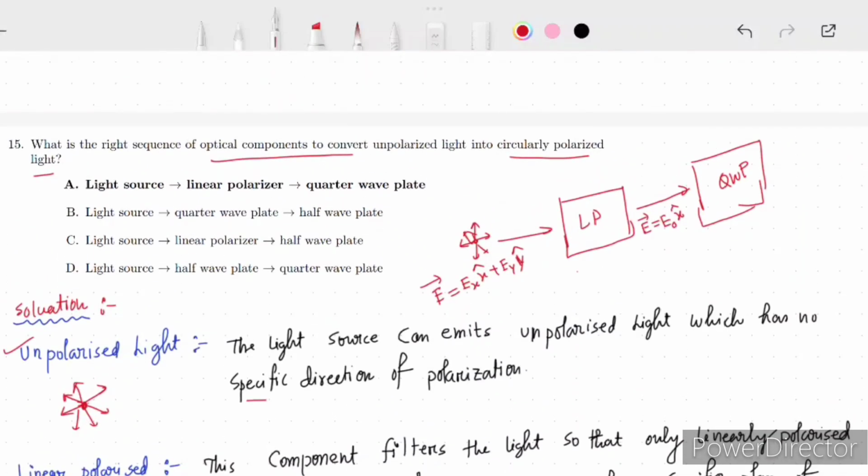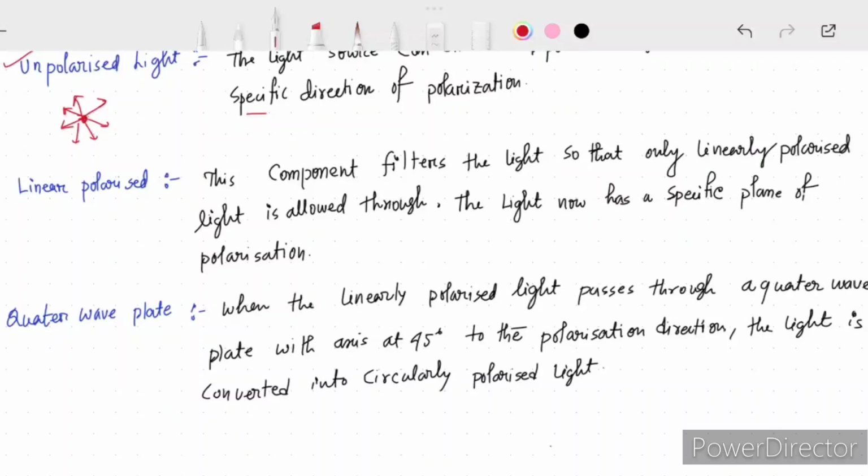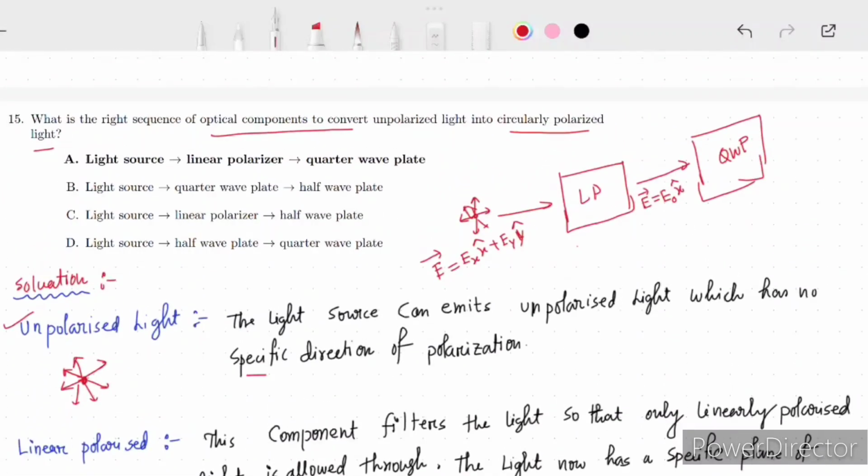And then when this linearly polarized light passes through a quarter wave plate, what happens? In a quarter wave plate, there is a phase change.